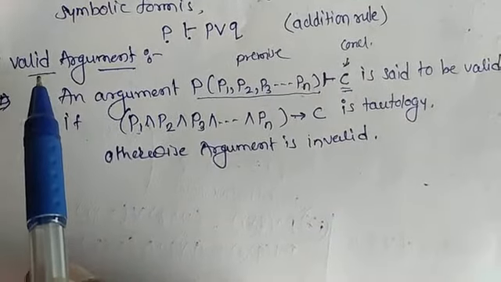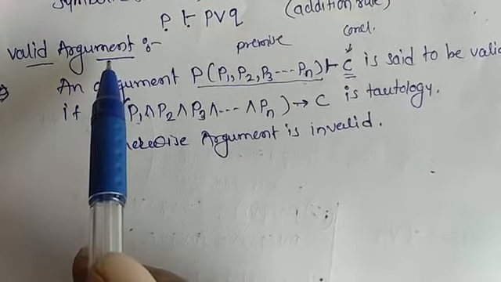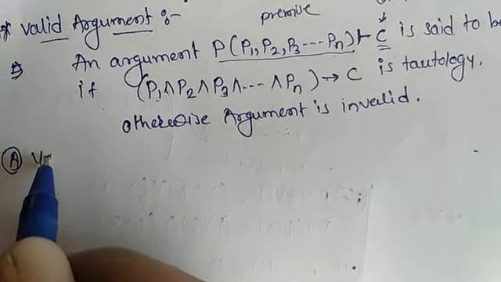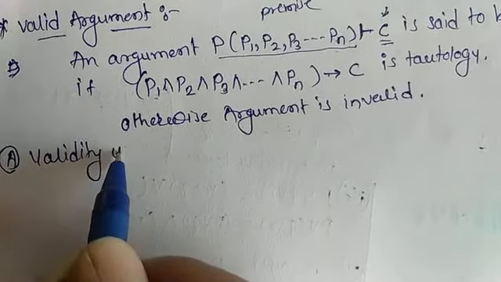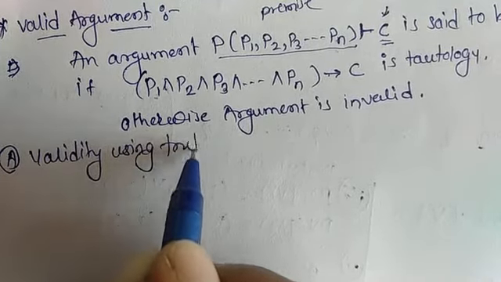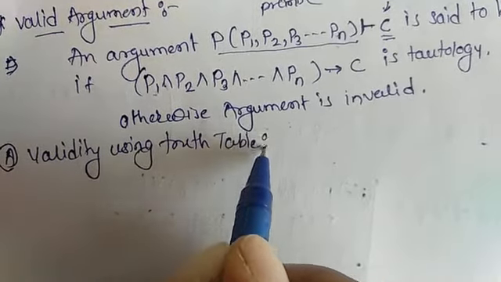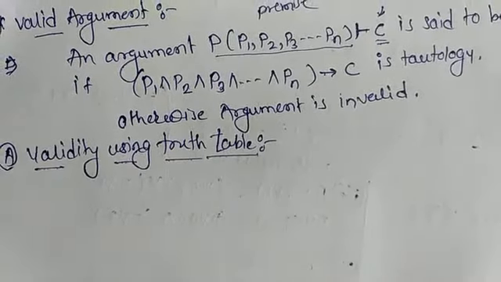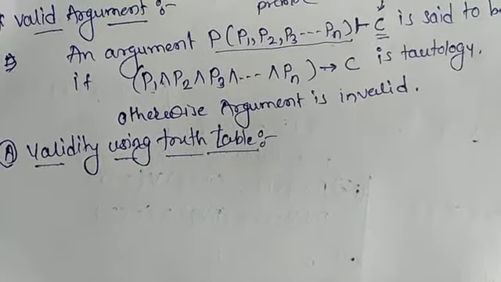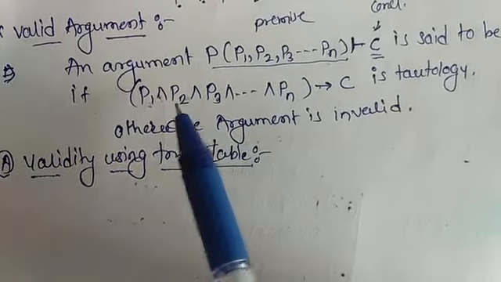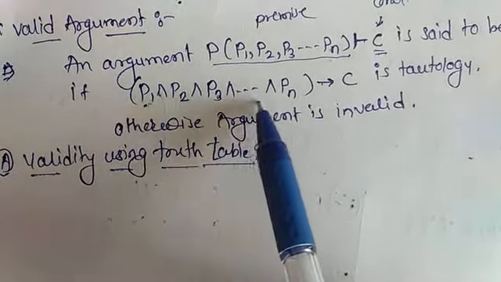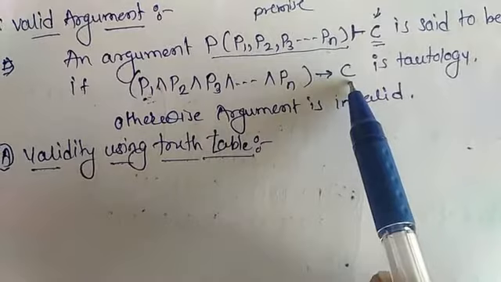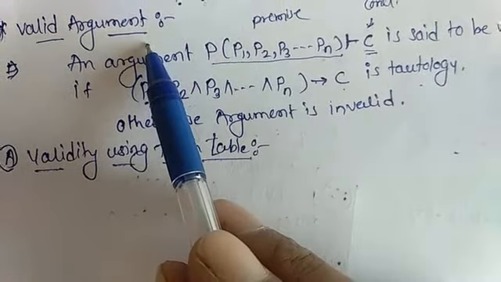Now there are three methods to find the validity of an argument. In today's lecture, we first see validity using a truth table. That means we construct the truth table of the given argument, that is, of P1 and P2 and P3 and up to Pn implies C. If it is a tautology, then the given argument is valid.